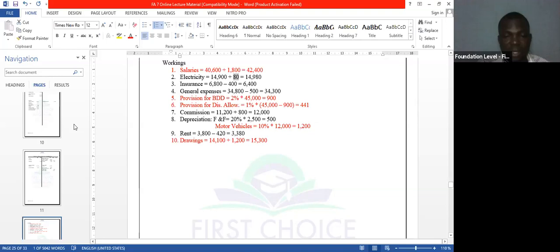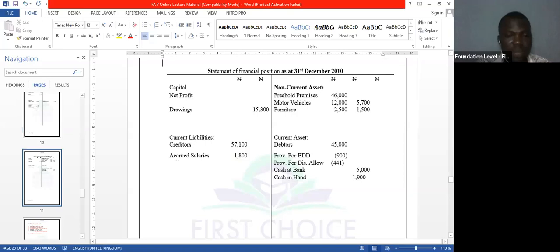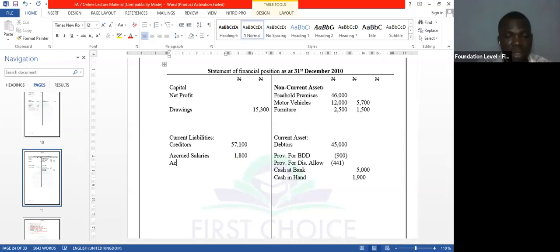So we have that to be 14,980, and we have accrued electricity, which was 80.